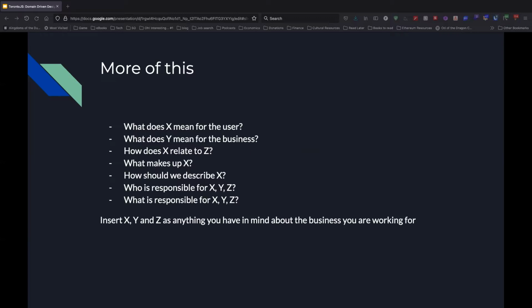So continuing on about the business requirements, it's more about what does X mean for the user, or what does Y mean for the business? How does X relate to Z? What makes up X? All of these things that are very business operational and very business context heavy.